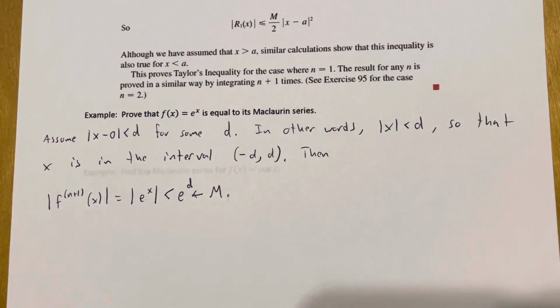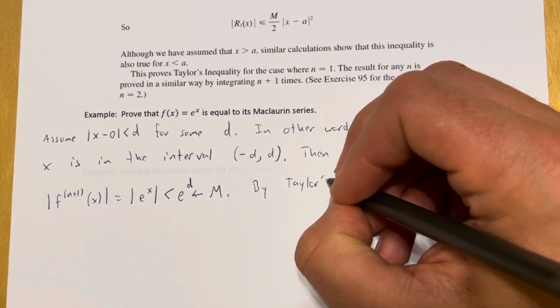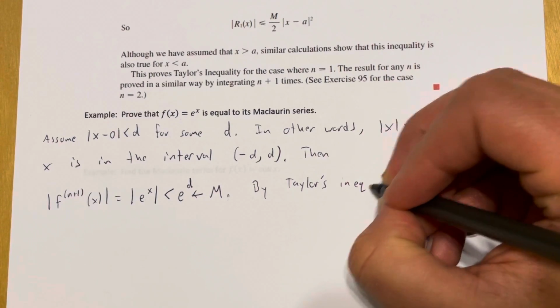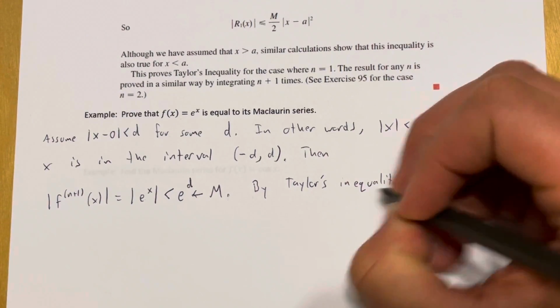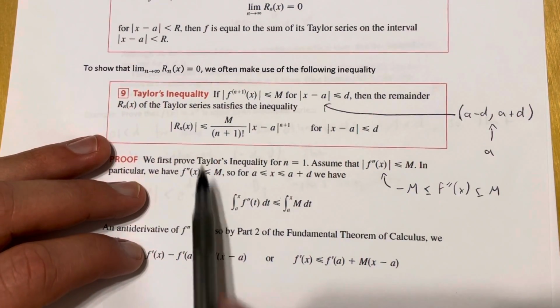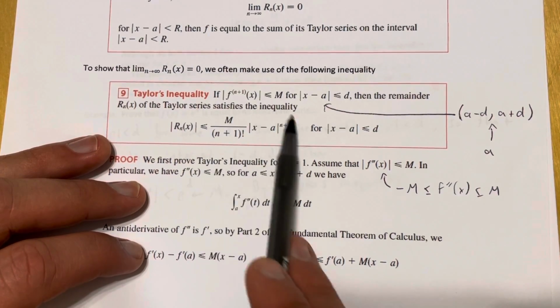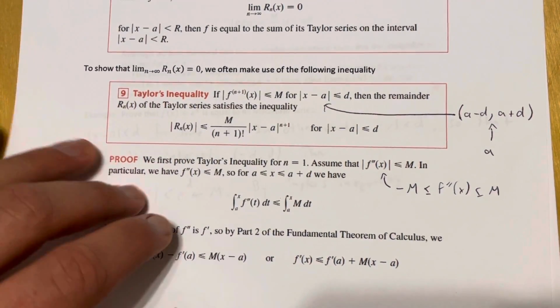So now, by Taylor's inequality, the absolute value of my remainder term is less than or equal to this expression here.